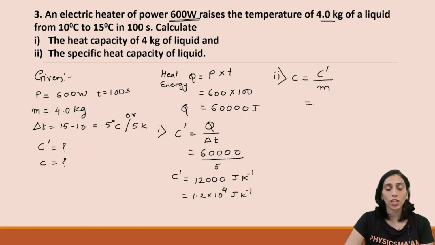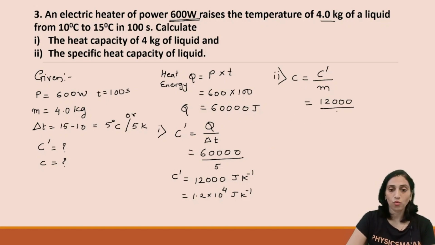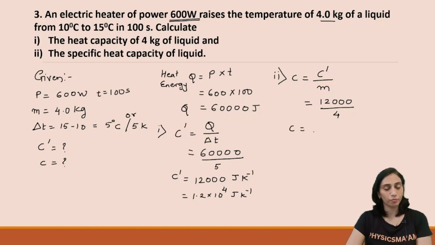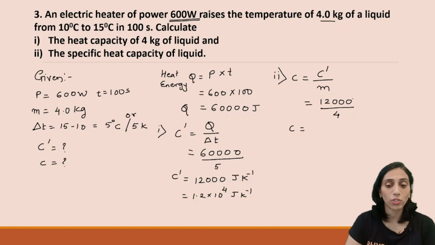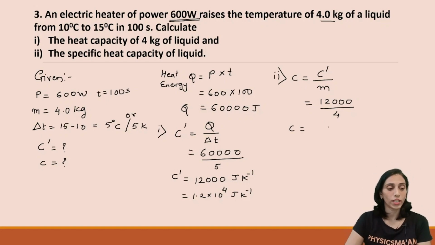Right. So ये क्या हुआ अपना? 12,000 divided by mass was 4 kilogram. So I get C is equal to, but this is specific heat, so it's always going to be, the temperature is also coming in your unit, right?